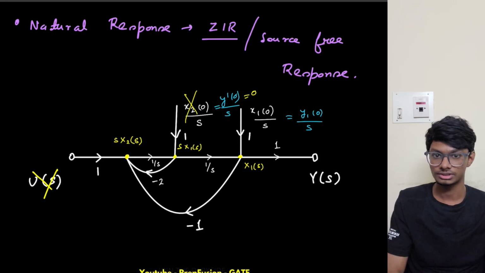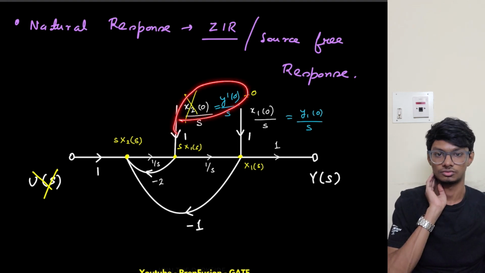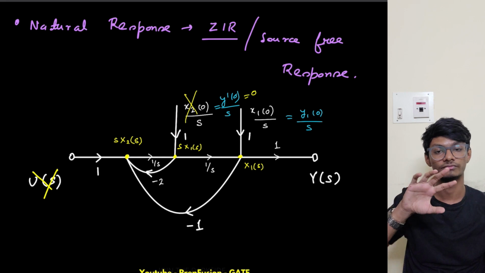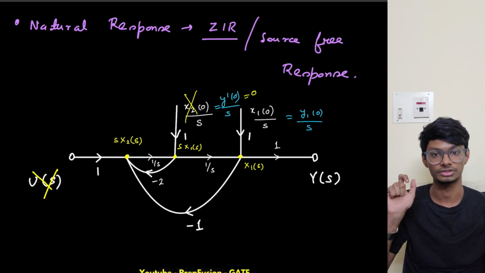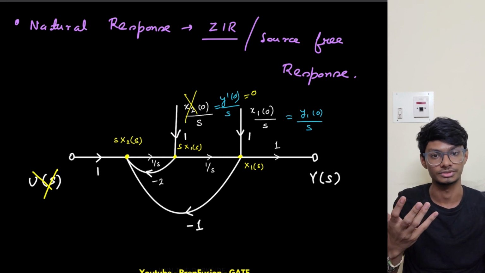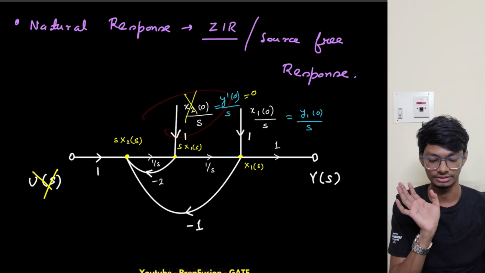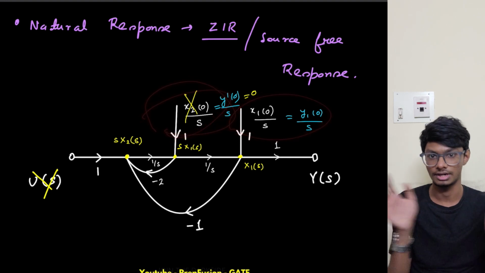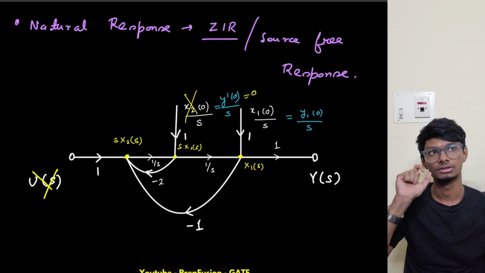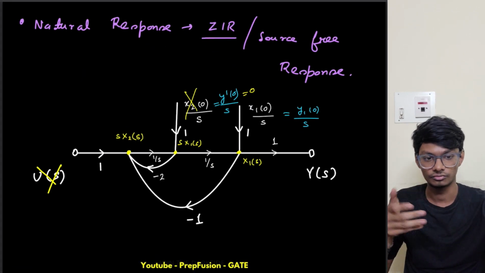But the first thing to understand is that even if this wasn't 0, we would have used the procedure of superposition. First find the transformation for this, make this 0, then find the transformation of this, make this 0, then add those two, as I solved in one of the lectures. So that's how we would have done it if it wouldn't have been 0.